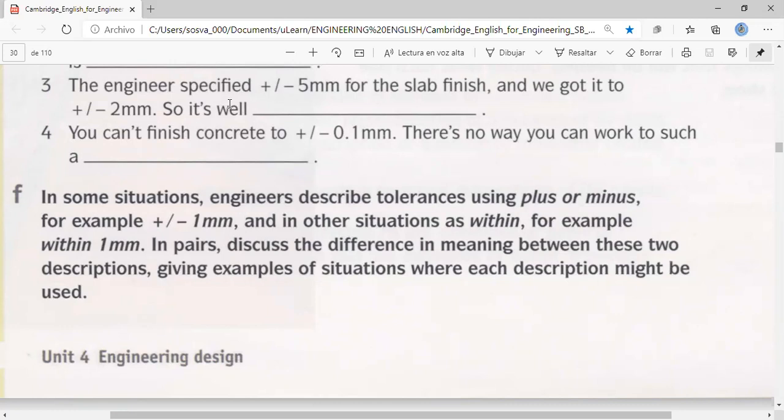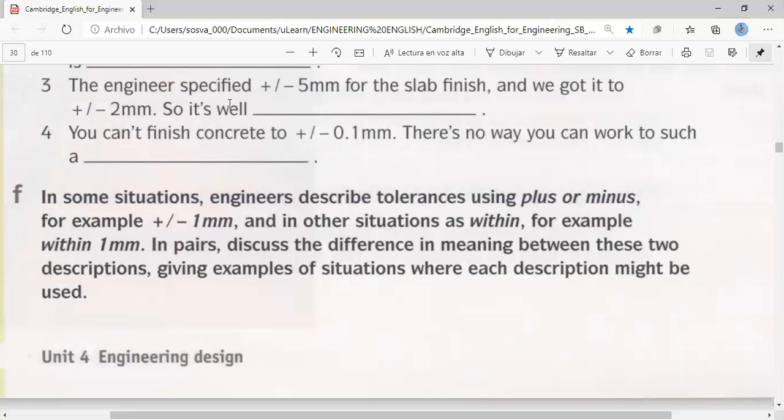So I want you to discuss the difference. I mean, you can write it down. Actually, that's your homework: write down the difference in meaning between within and plus or minus. You can use examples. I want you to think why some engineers say within and why other engineers say plus or minus.